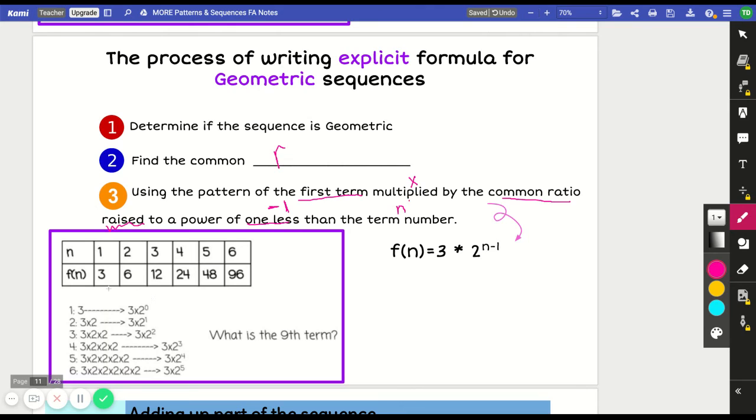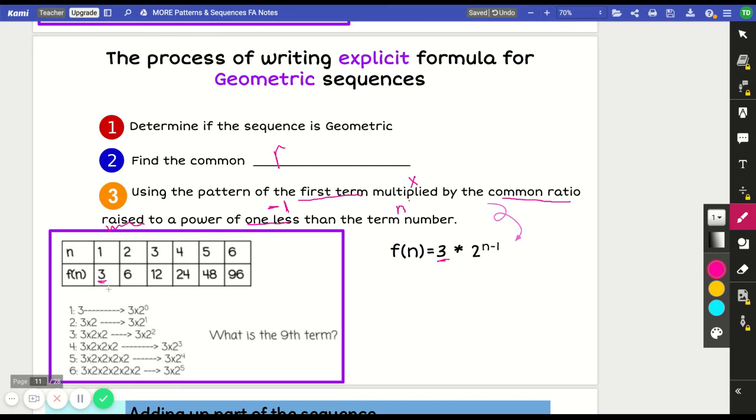Okay, so we have this sequence over here. We have 3, 6, 12, 24, 48, 96. And using my formula, I can figure out any term number without having to go through every single one.